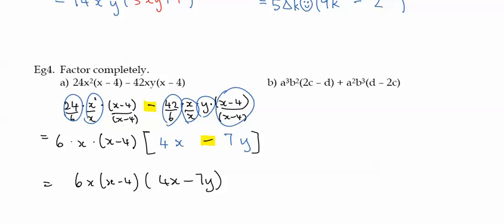When it comes to taking out the GCF and working with brackets, it is important to pay attention to what you see inside the bracket. In the next example, part B, they give us a bracket in the first term and another bracket in the second term.